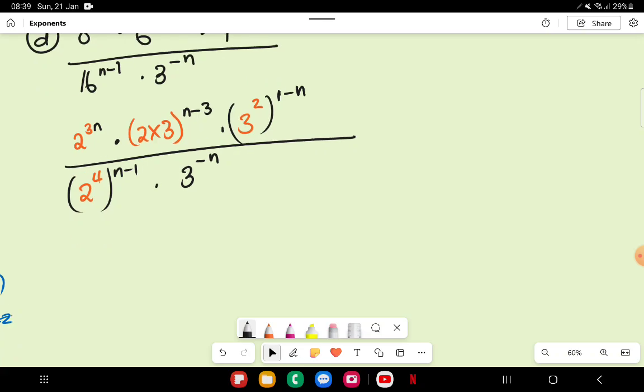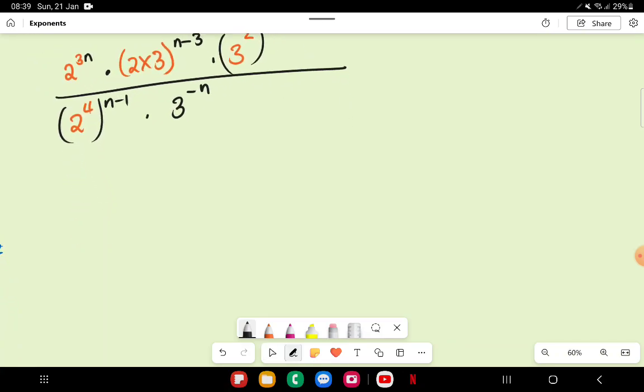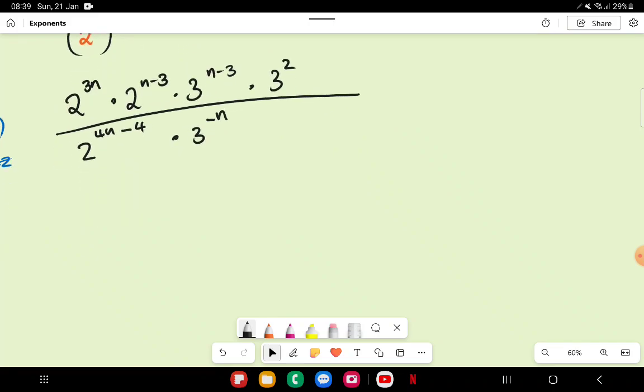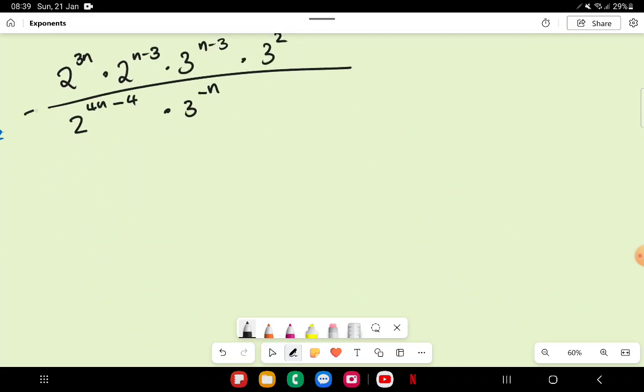Now let's get our exponents down for everyone. So that becomes, sorry, not 4, 2 to the 4n minus 4 times 3 to the 3 minus n. Now that we've got that, you can write with the same base.